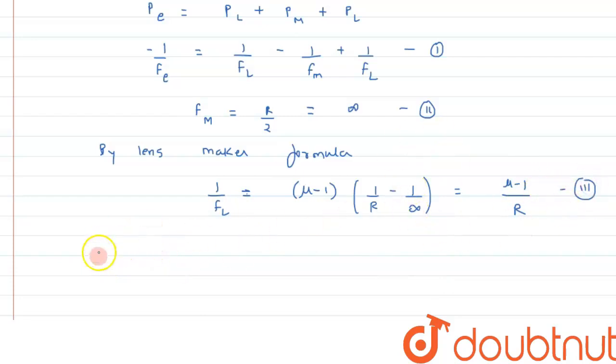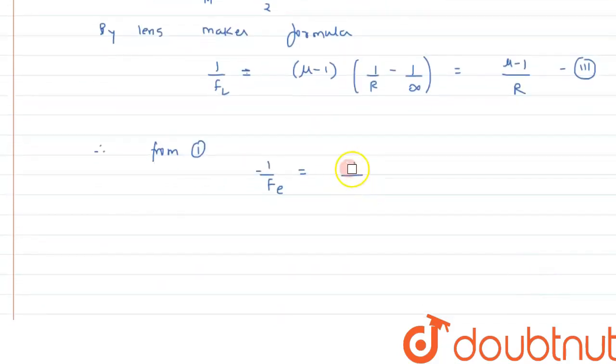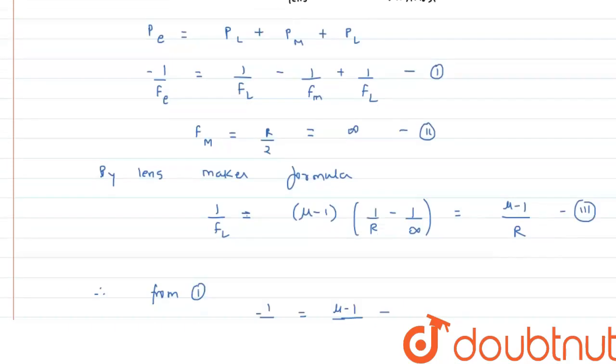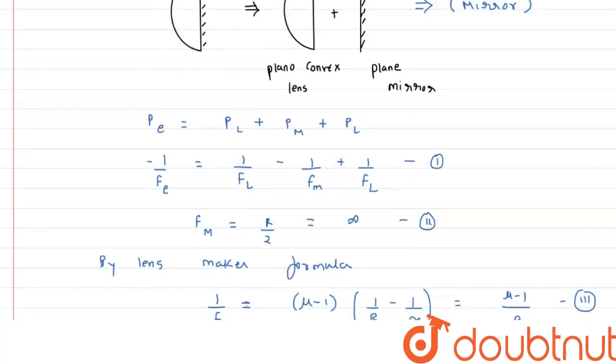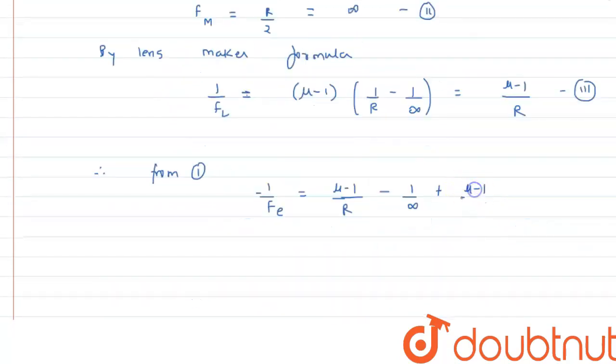If we substitute 2 and 3 in 1, therefore from equation 1, minus 1 over Fe will be equal to 1 over Fl, that is mu minus 1 over r, plus the negative of 1 over infinity, which is nothing but 0, and finally plus mu minus 1 over r.